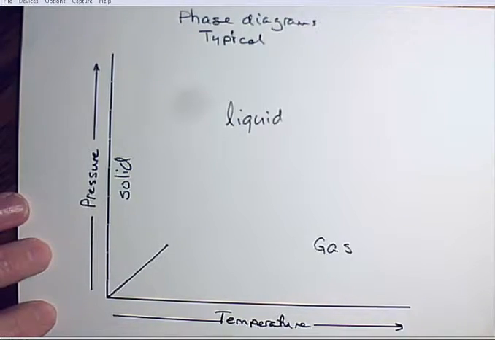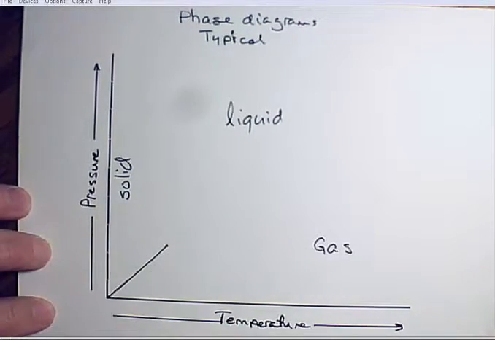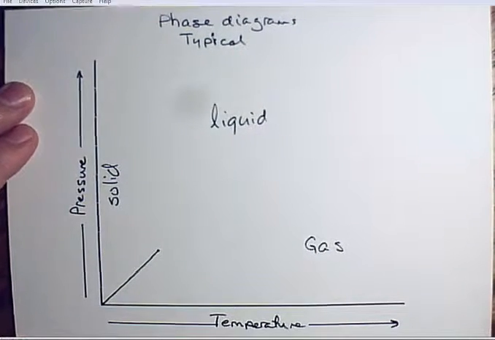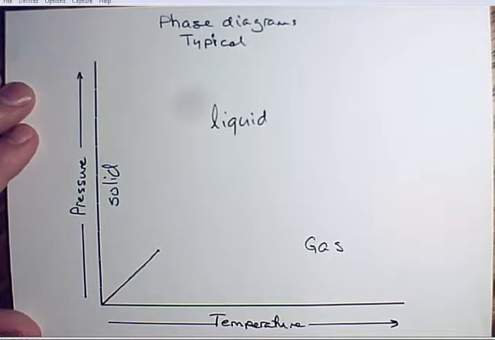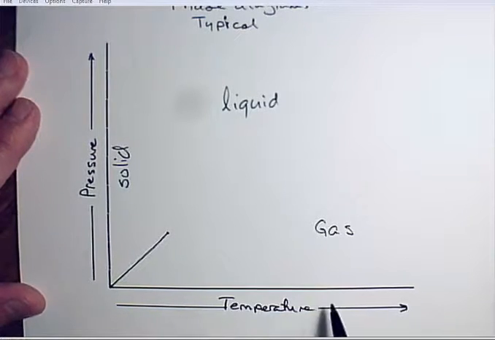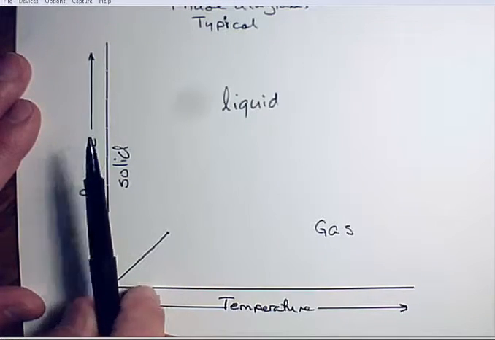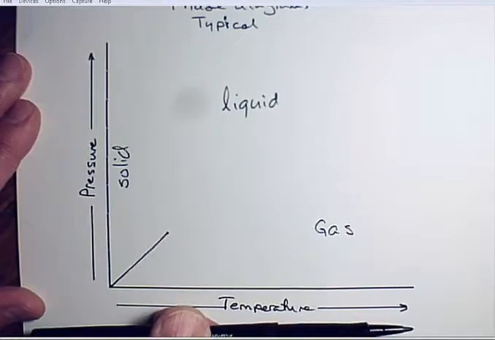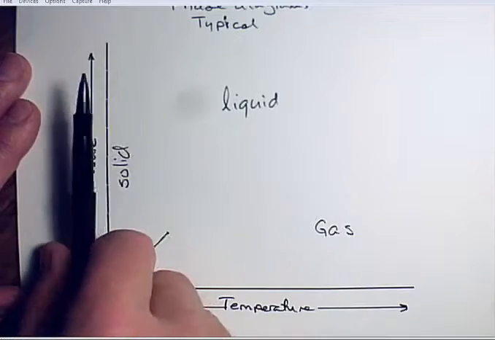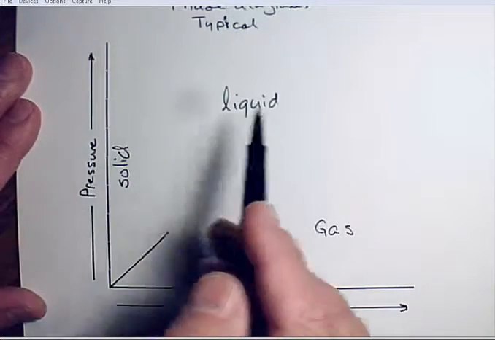Something else about this graph before we go much further. When we do graphs in the lab, you are always dealing with an independent variable and a dependent variable. We are always in the lab manipulating some variable, and it's causing a change in the other variable. The independent variable on the x-axis causes a change in the dependent variable, and you have to write your titles that way.